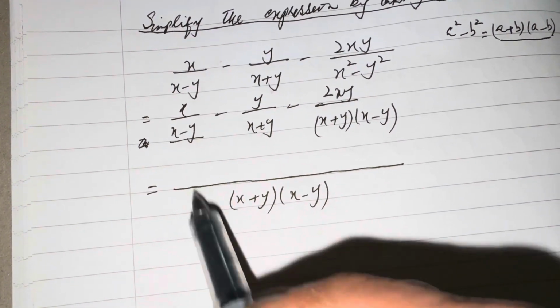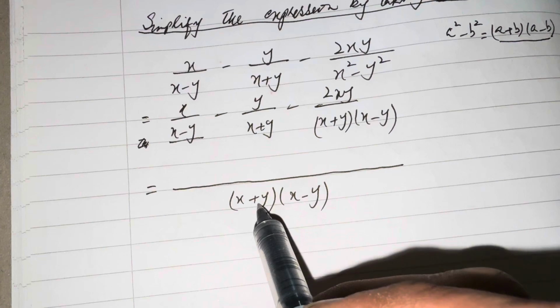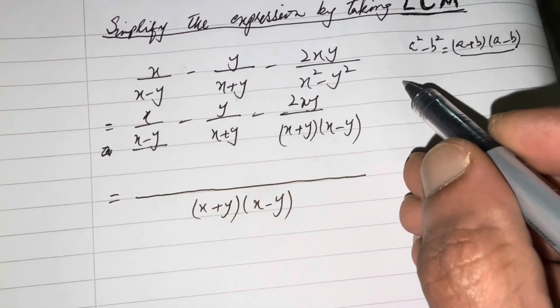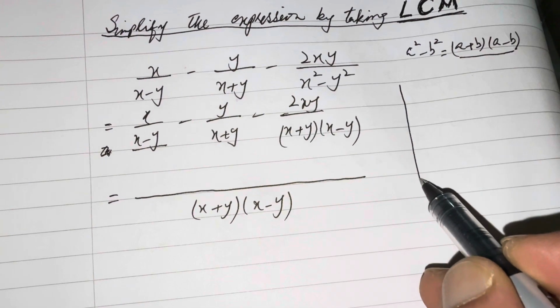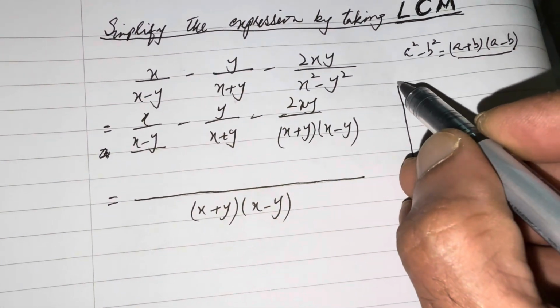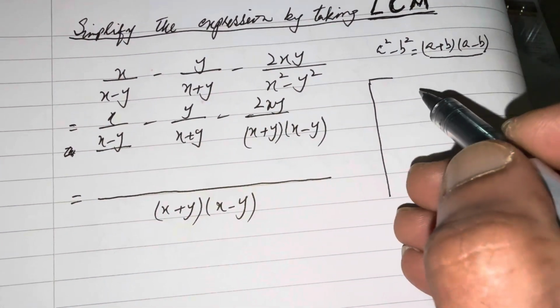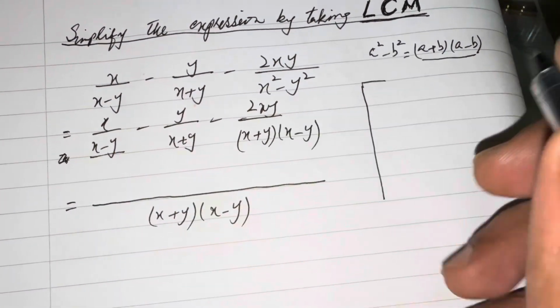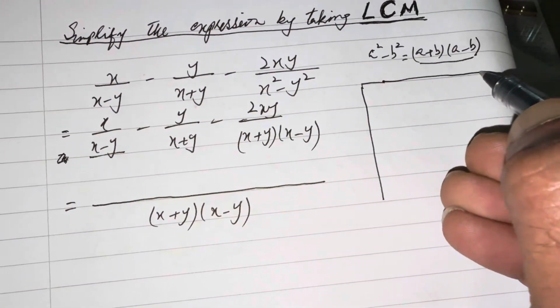Let's see, this divided by this, that's the rule when we take the LCM.